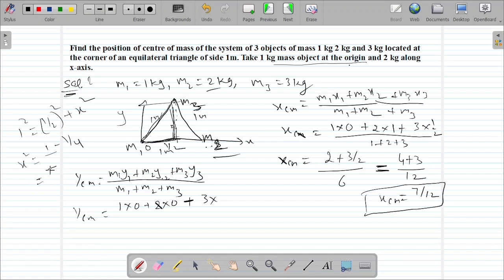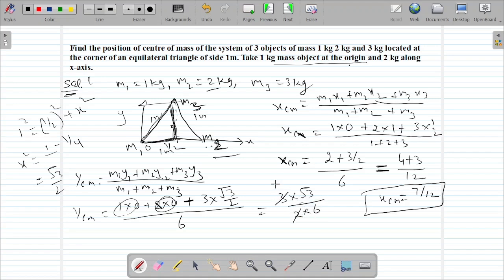So it is root over 3 by 2. This distance is root 3 by 2. Okay, so it is root 3 by 2 by 1 plus 2 plus 3, which is 6. So this is 0, this is 0, and the remaining is 3 into root 3 by 2, into 6.